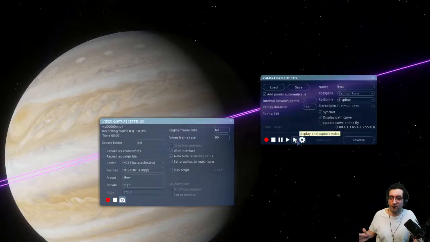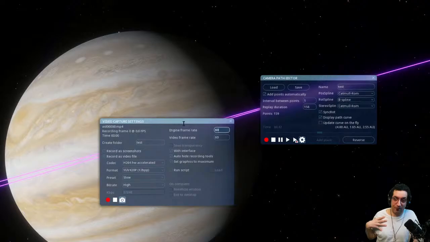It's going to do two things. It's going to follow the camera path that we just created, and it's going to generate a video based on these settings. But here's where it gets even cooler. I have it set for 60 frames a second, but maybe I want to do it at 120 frames a second. Normally, let's say my computer couldn't handle doing this at 120 frames a second.